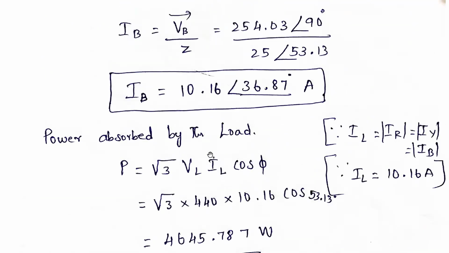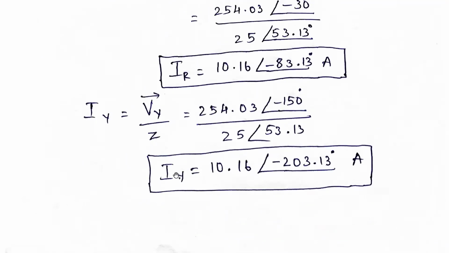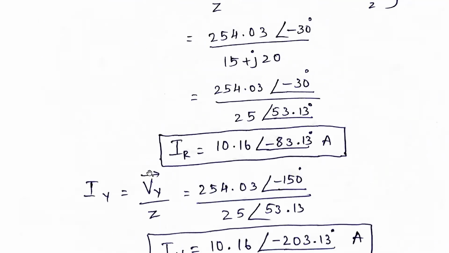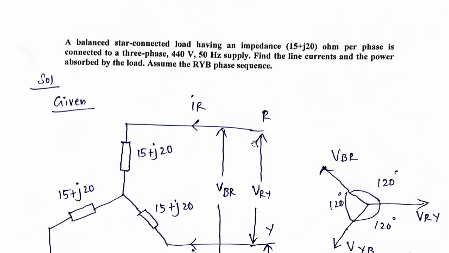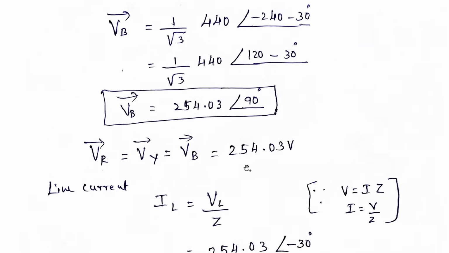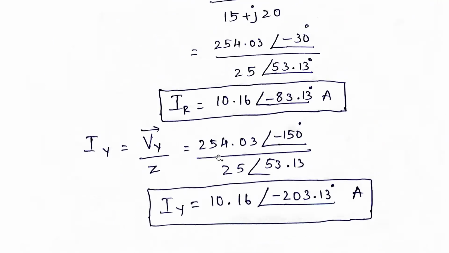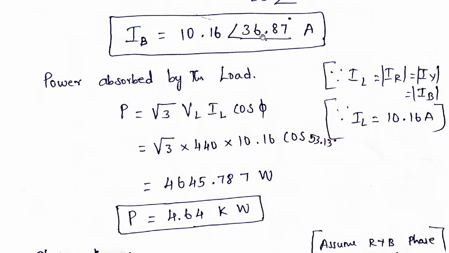Now we need to mark the currents. Current also we calculated, IR, IY and IB. IR is minus 83.13, IY is minus 203.13, and IB is 36.87 degree.